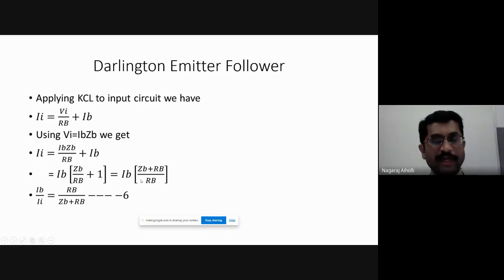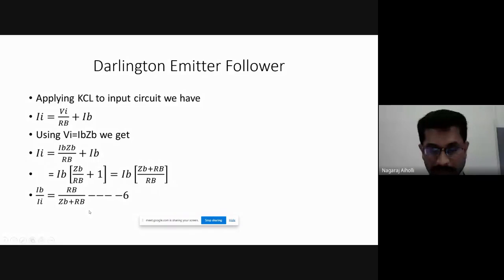Therefore, what will be IB by II? IB is on the RHS, II is on the LHS. IB by II, if it comes to the denominator, then this RB will come to the numerator and ZB plus RB will come to the denominator. That is IB by II will be equal to RB divided by ZB plus RB.